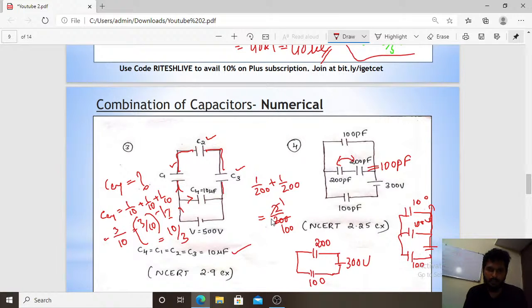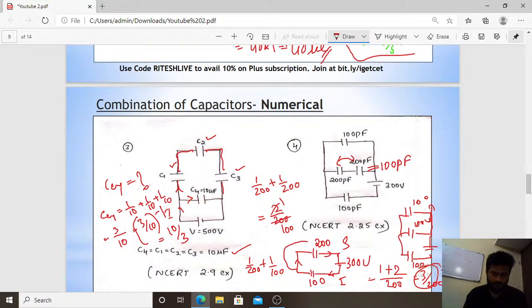Now when current I flows here, it will move in a single path. That means these two are in series. C equivalent will be 1/200 plus 1/100. That is how much? 1 plus 2, that is 3/200. So the answer is 3/200 C equivalent. Hope you all got it.